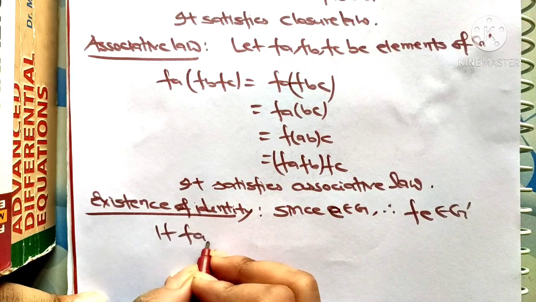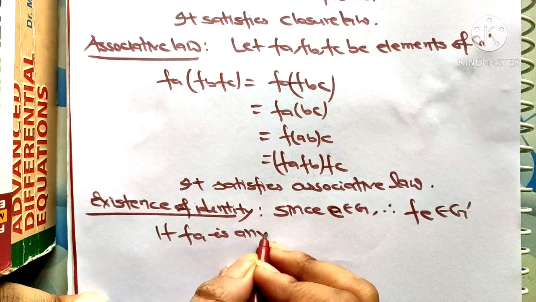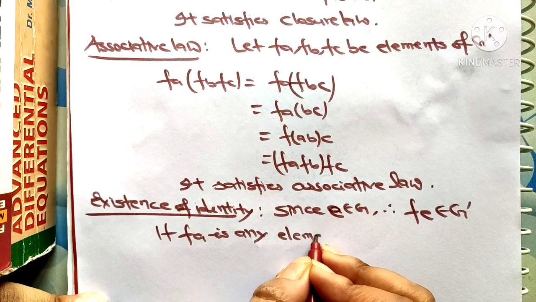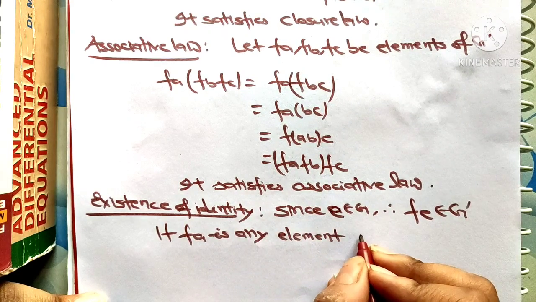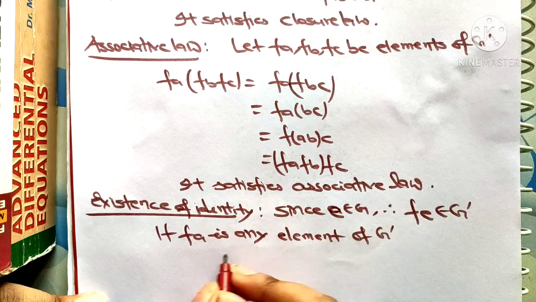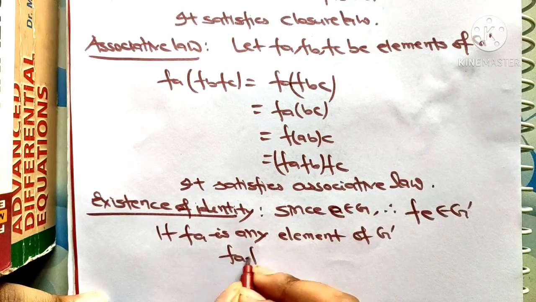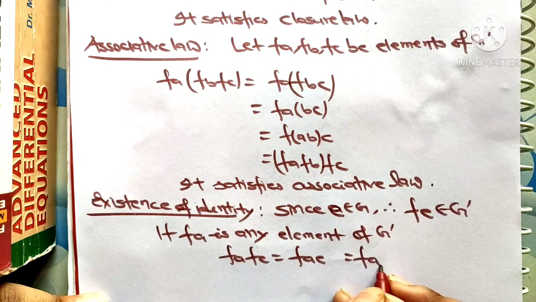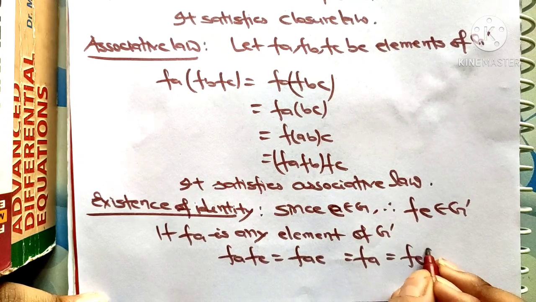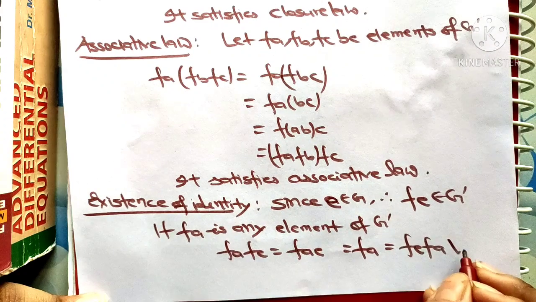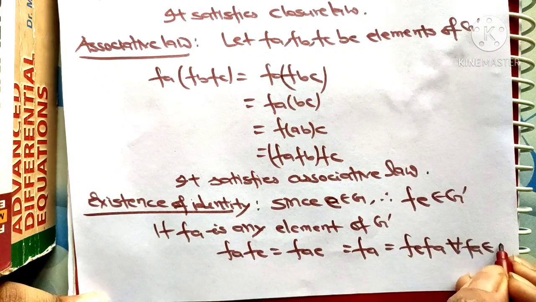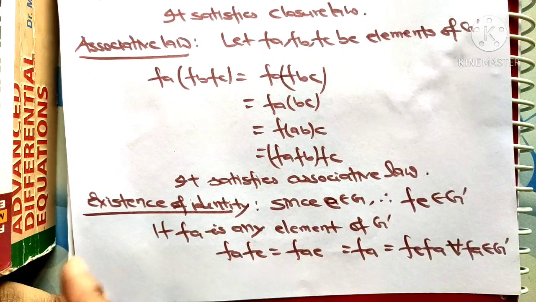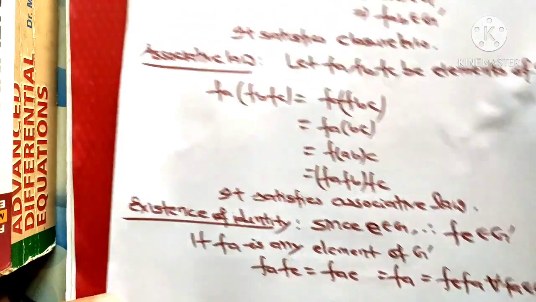If f of A is any element of G dash, then f of A, f of E is equal to f of AE, which is equal to f of A. This is also equal to f of E, f of A, for all f of A belonging to G dash. So it satisfies existence of identity.